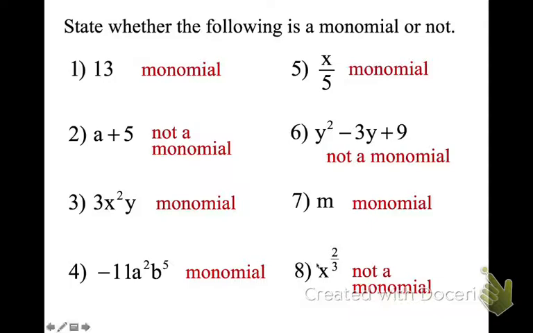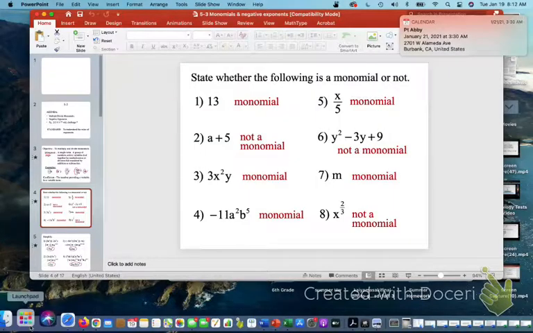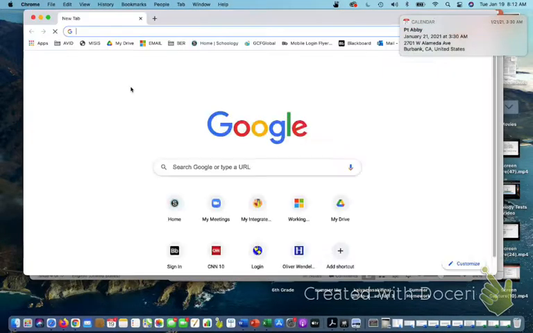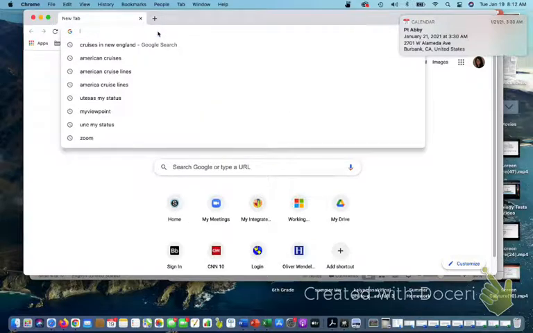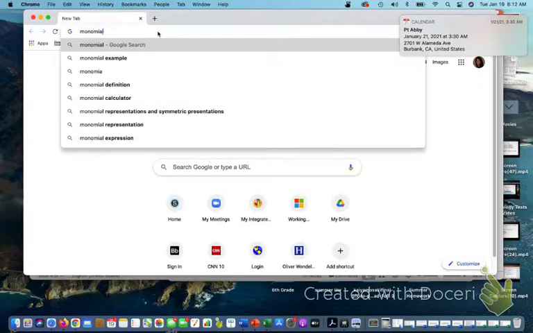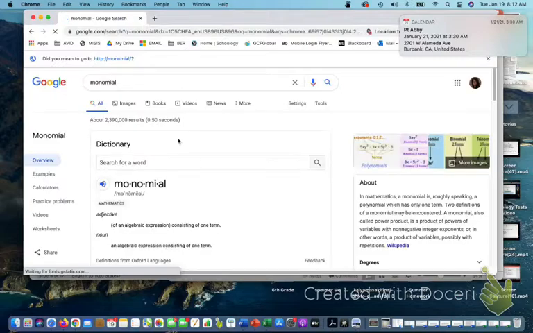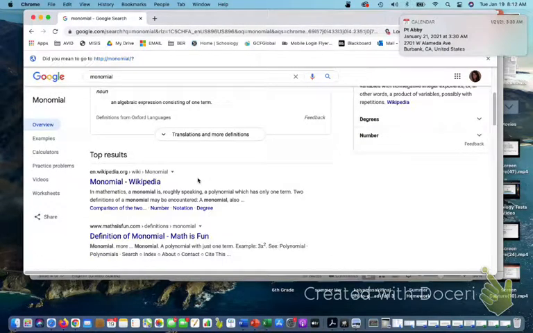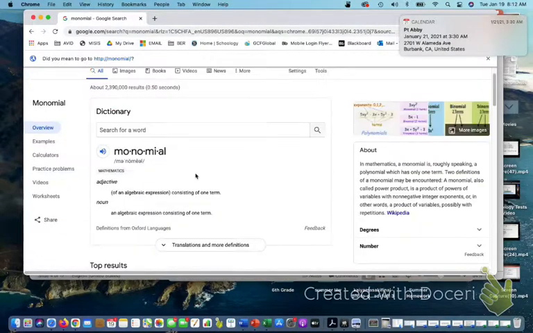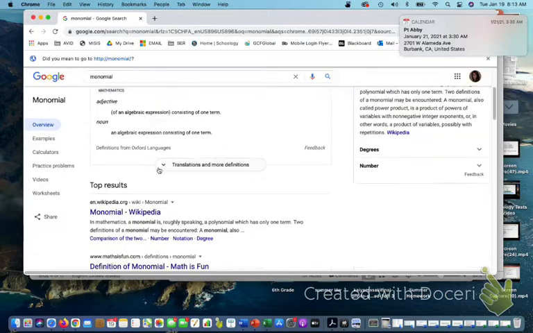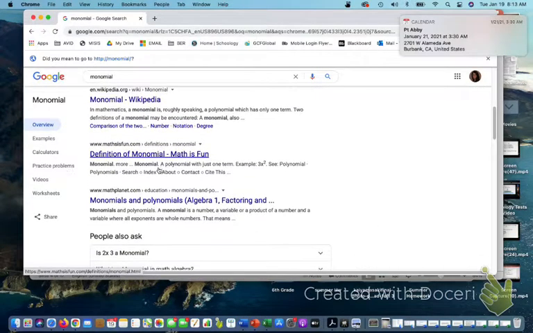And let me go back. Let's go right here and Google a monomial. You'll see what the true definition is. Well, it's not a great one. I've seen better definitions.